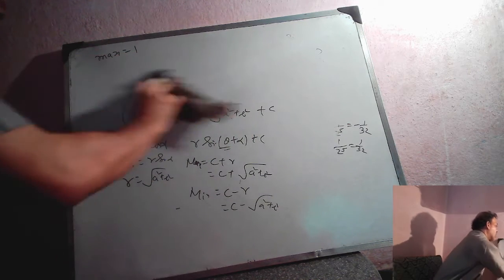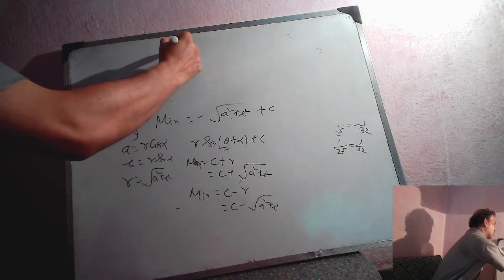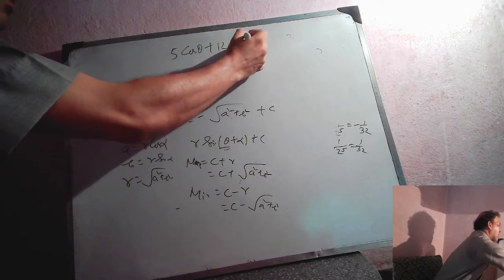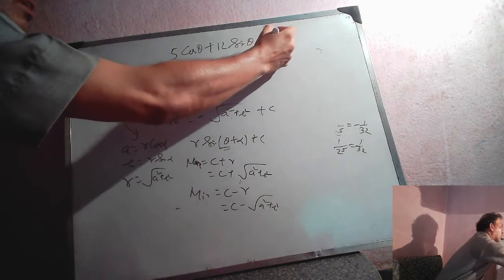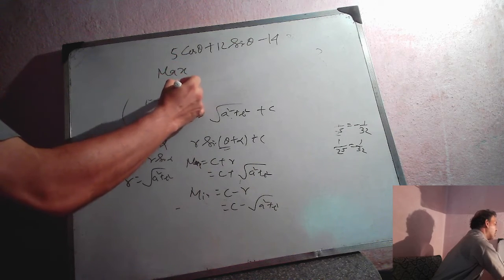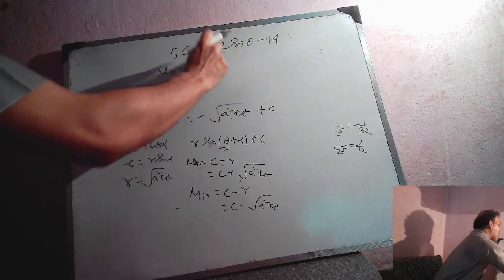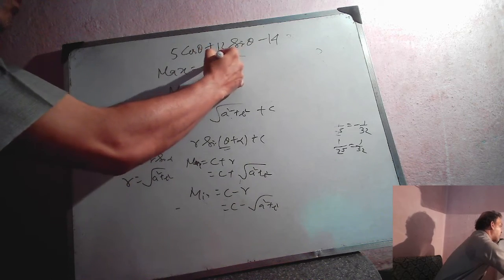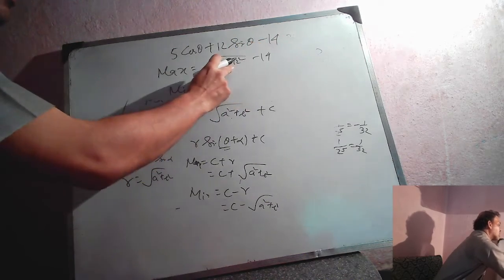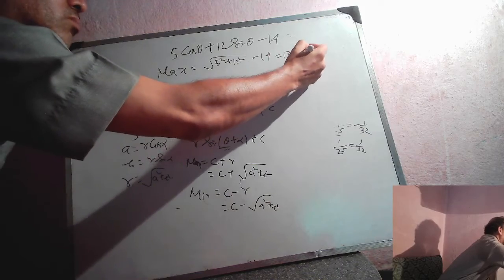Now take one example: 5 cos θ plus 12 sin θ minus 14. Find its maximum value and minimum value. We have the formula: the maximum will be under root 5^2 plus 12^2 minus 14, which is 13 minus 14, equal to minus 1.